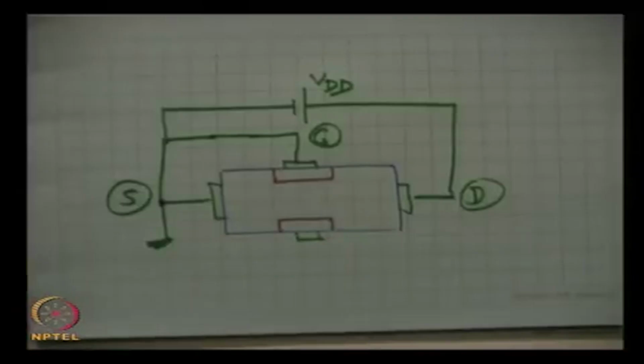When we apply a voltage between the two ends of a semiconductor, then charge carriers will flow and a current will start flowing.